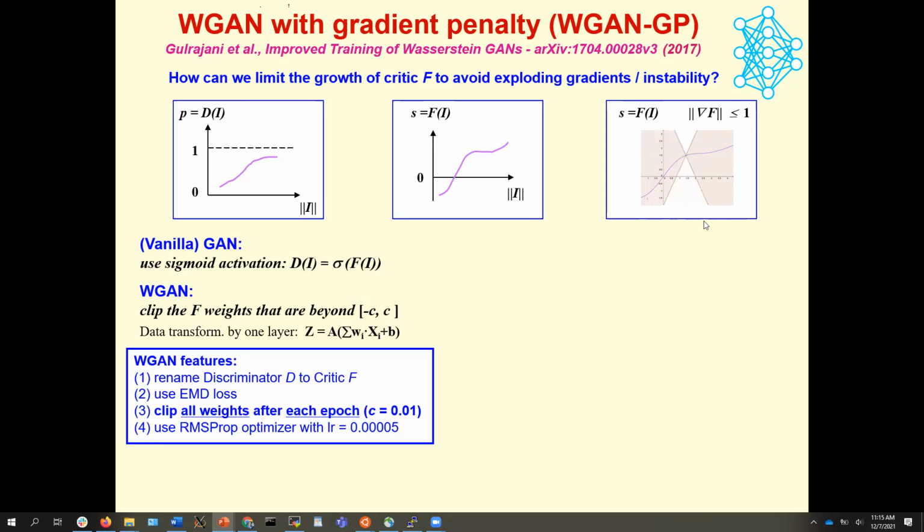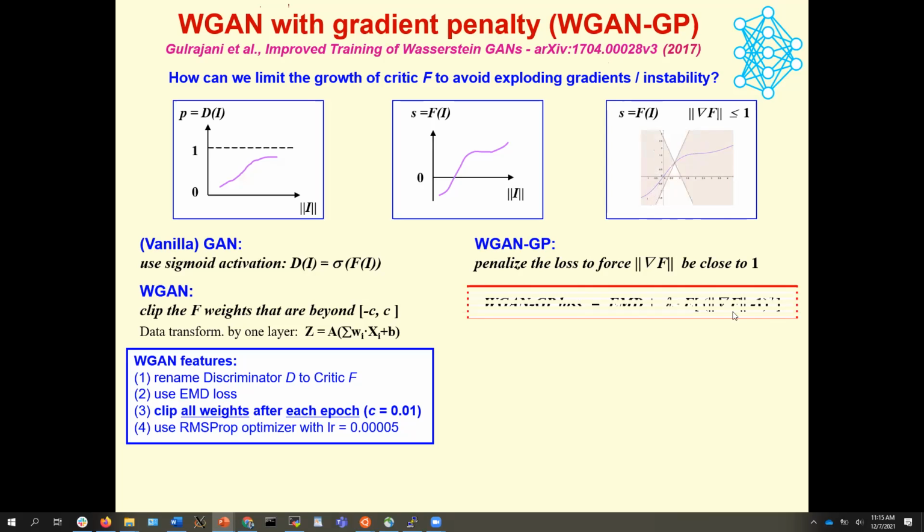So now about WGAN-GP, the Wasserstein GAN with gradient penalty. Basically, they suggested a new approach where they want to force the gradient of F to be close to 1 by penalizing the gradient.